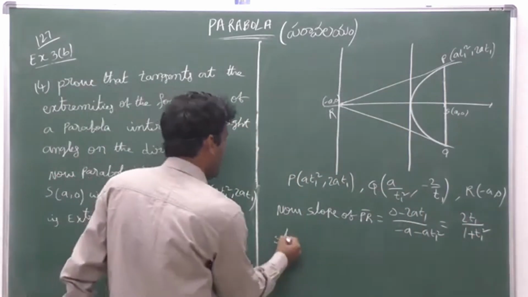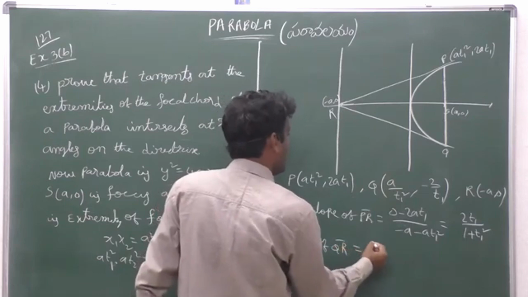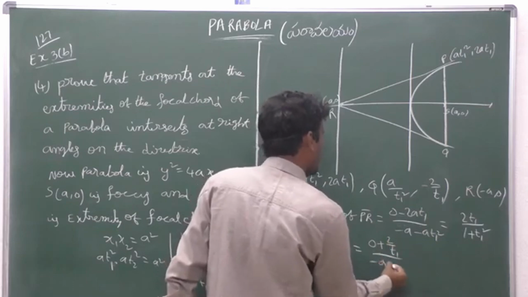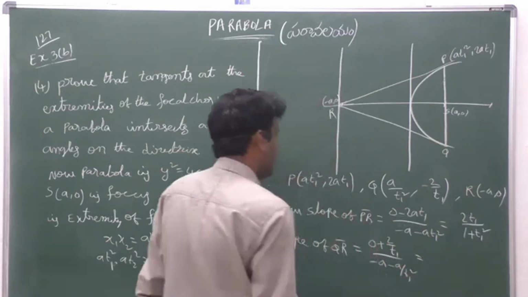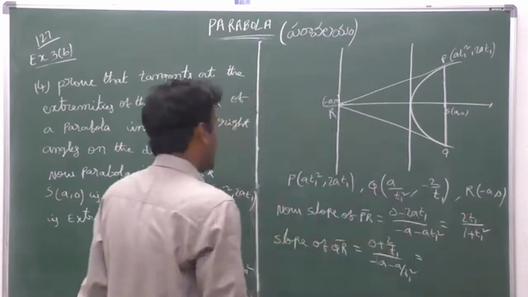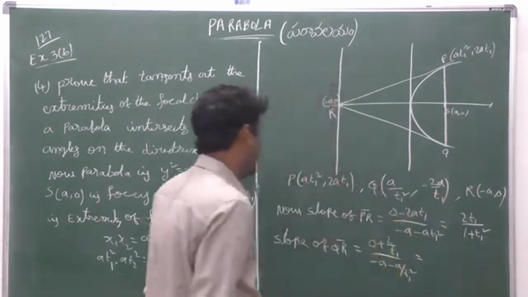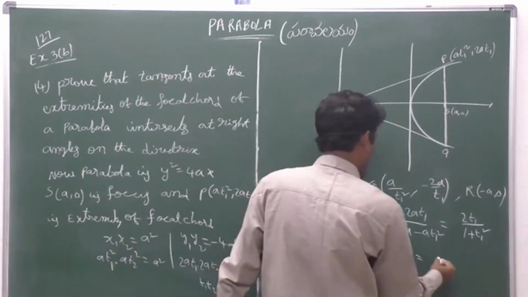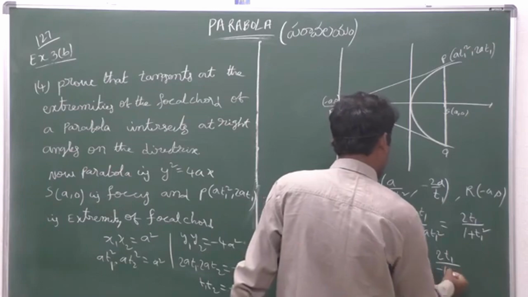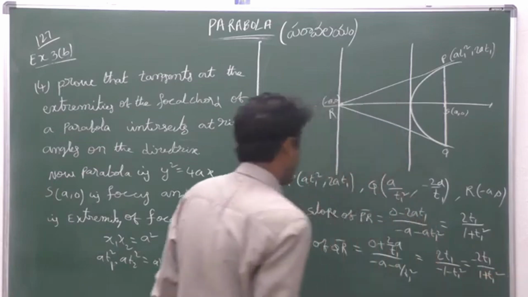Next, slope of QR: (y2 - y1)/(x2 - x1), A cancels, with 1/t1 and 2a/t1, and 2t1/(-1 + t1²).